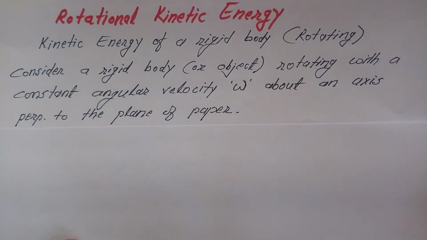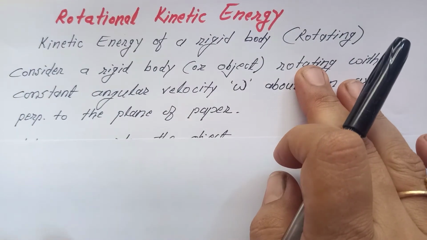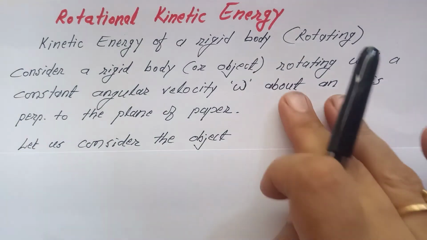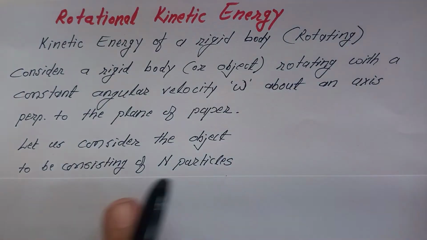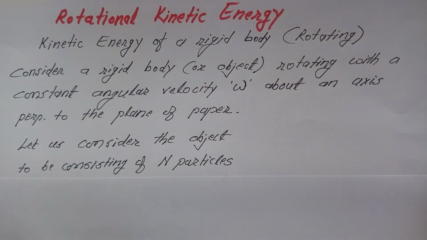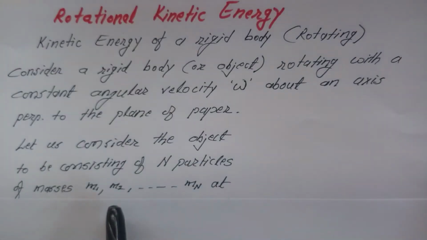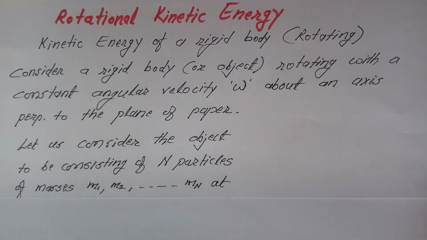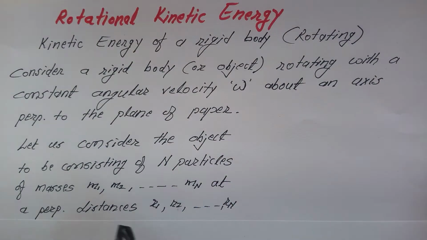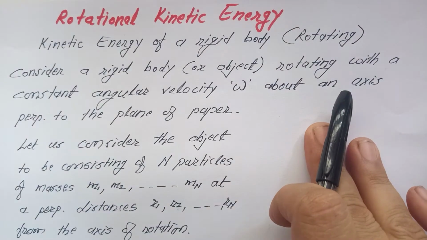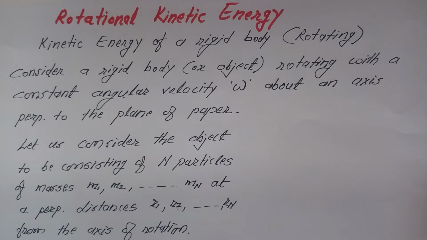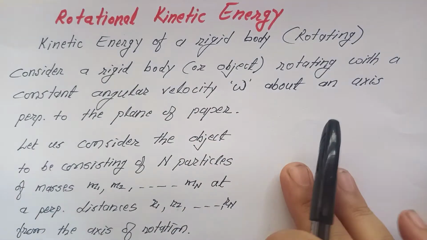We have considered this. Now again, let us consider the object is consisting of a large number of particles. Suppose there are n number of particles having masses m1, m2, m3 up to mn at respective perpendicular distances r1, r2, r3 up to rn from the axis of rotation.